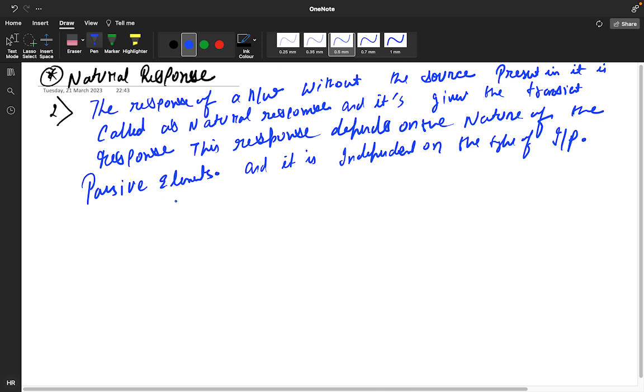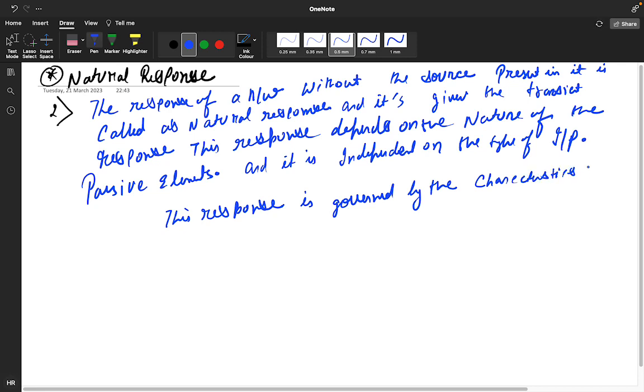So how will we solve this response? This response is governed by the characteristic equation of the circuit. What is the characteristic equation of any RLC network? We'll see it.